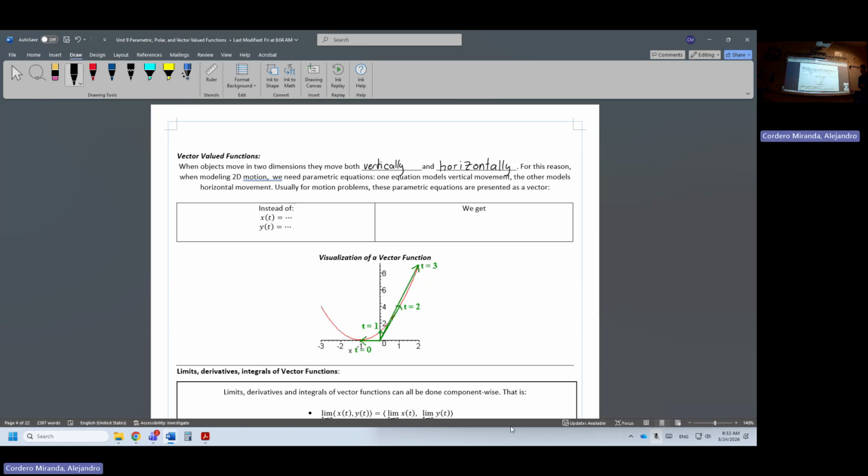And for that reason, you can use parametric equations to break down the movement of 2-dimensional objects. So break it down into what's it doing on a straight line vertically and what's it doing on a straight line horizontally, and see if you can combine those to make some sort of real 2-dimensional movement like this.